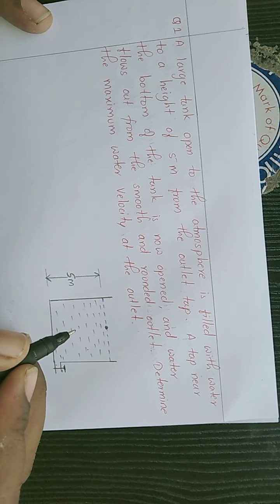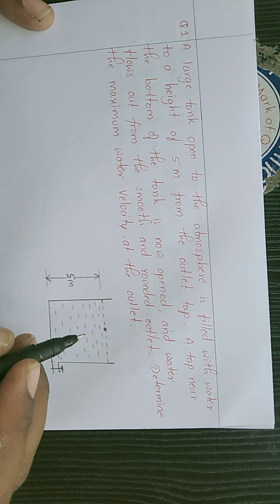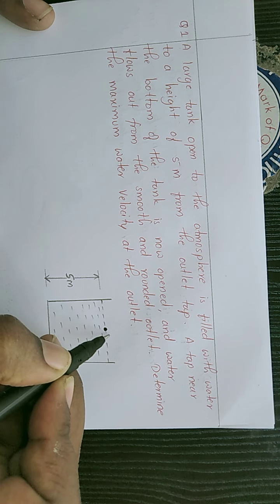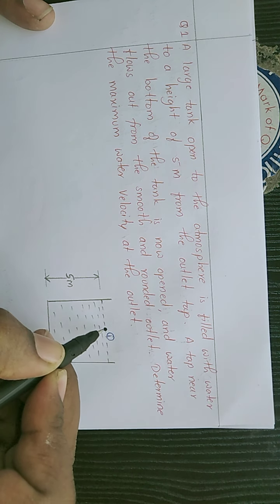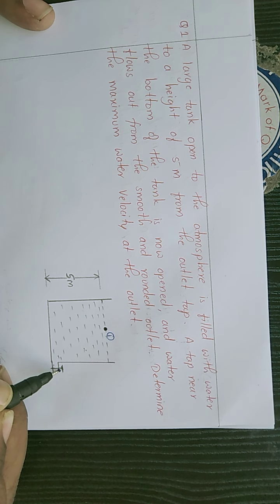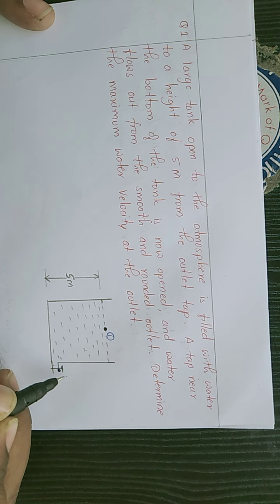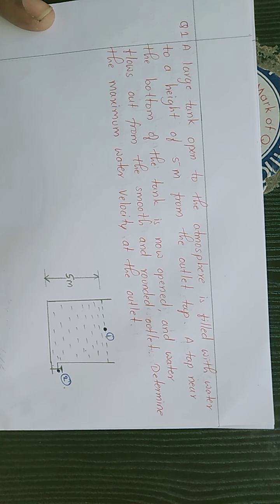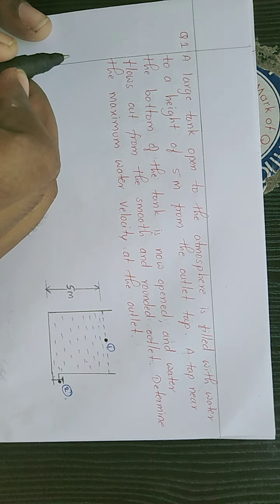Before that I need to identify points. The surface of the water, which is exposed to atmosphere, I'll mark as 1, and just at the outlet of this tap I'll mark as 2. Now let me write the Bernoulli's equation.